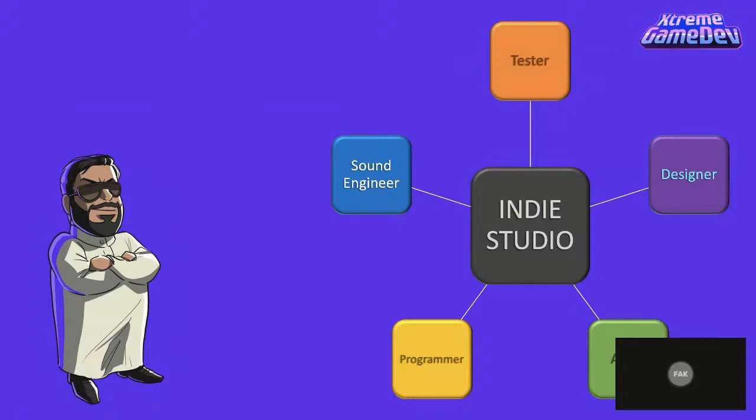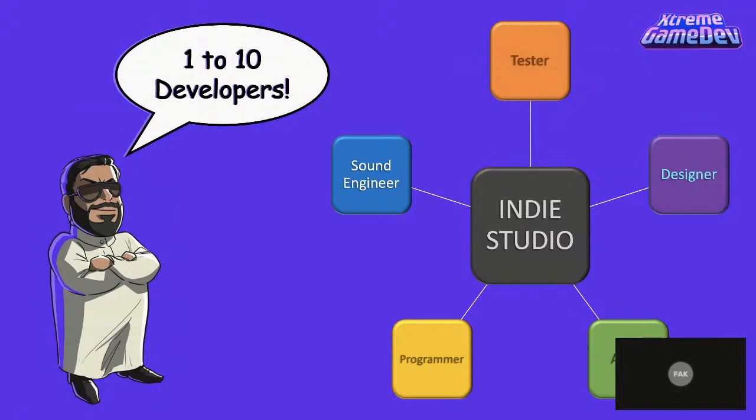So in an indie studio of 1 to 10 developers, usually the designer will cover a lot of aspects of the game. His role is very important, and he will have to collaborate with them. I'll talk about this later. So today, all we're going to talk about is the designer role in an indie studio or a AAA studio.